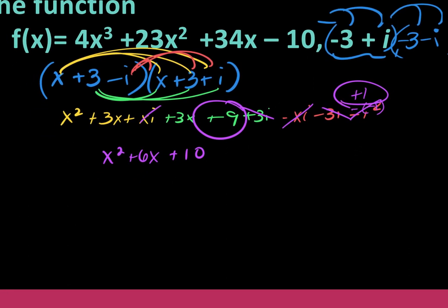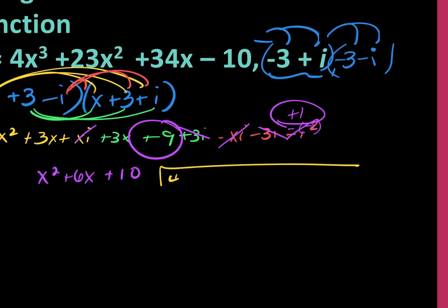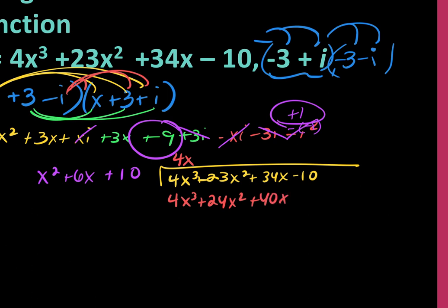So then that is a factor of my original. I put that on the outside of my division bar, and I write in the rest. It's in order. There are no terms missing. So then it's first into first. This would be 4x, and I'd get 4x to the third plus 24x squared plus 40x.